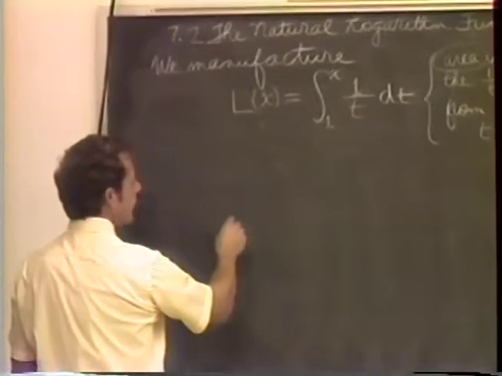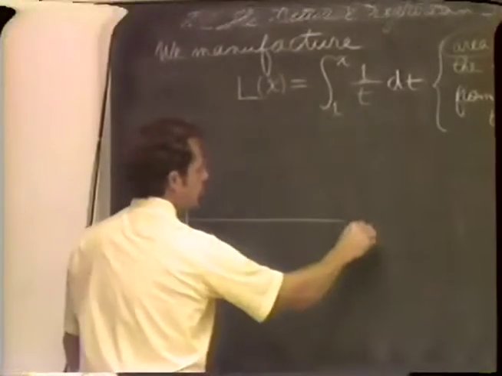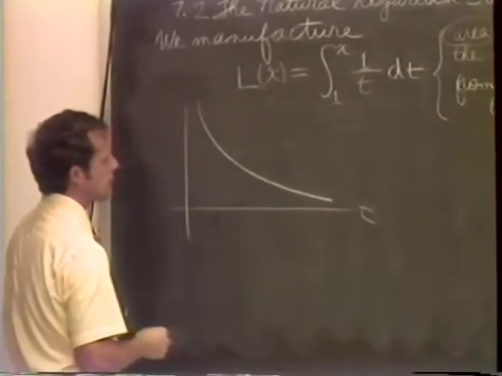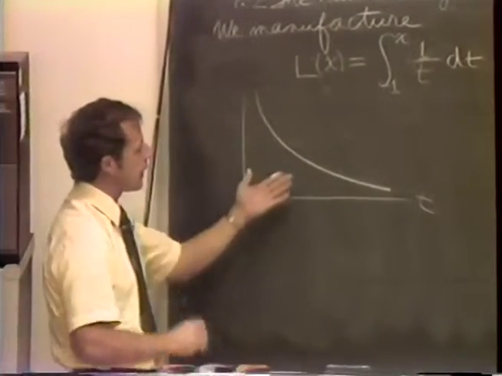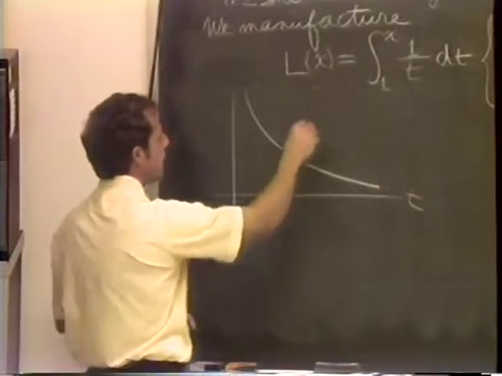In terms of a picture, it would go something like this. You take the curve 1 over t, that looks like that. We saw one like that here in an earlier problem, in fact. It's a hyperbola, if you want to name the thing, but nonetheless, that's what it looks like.